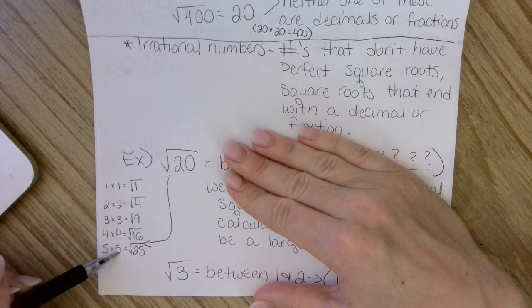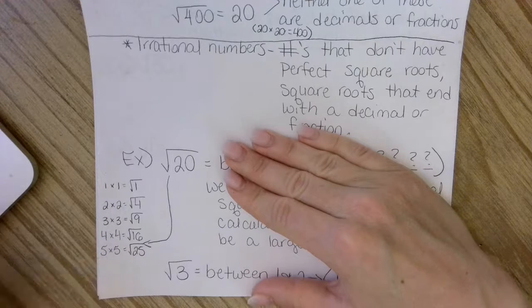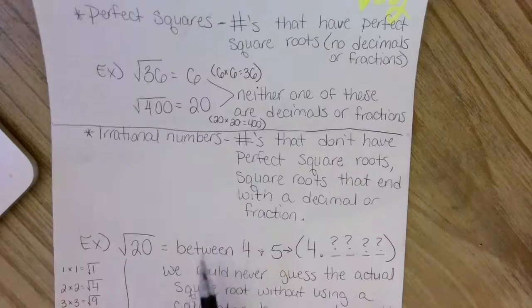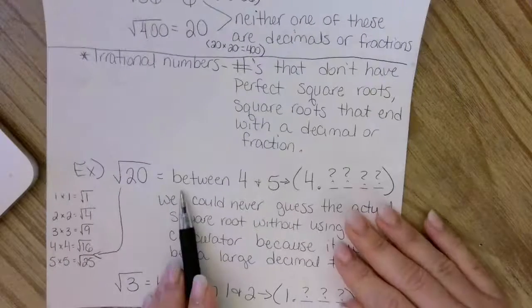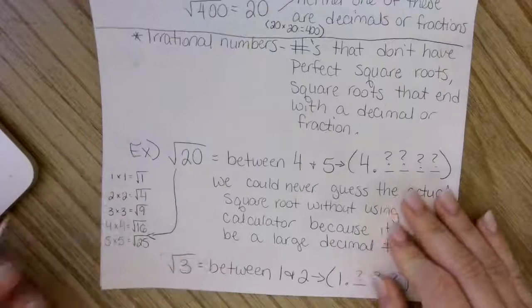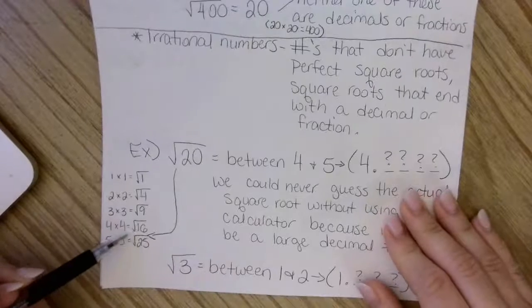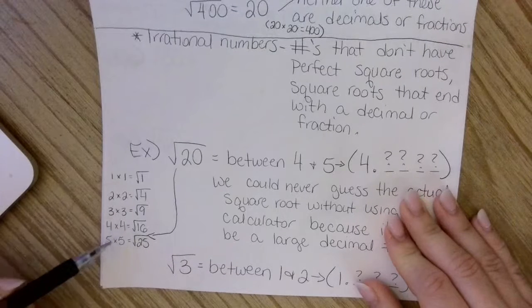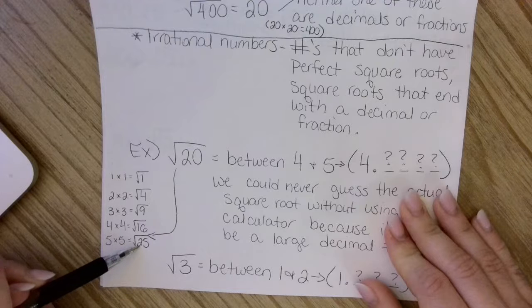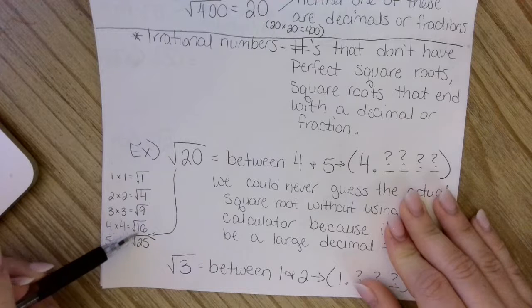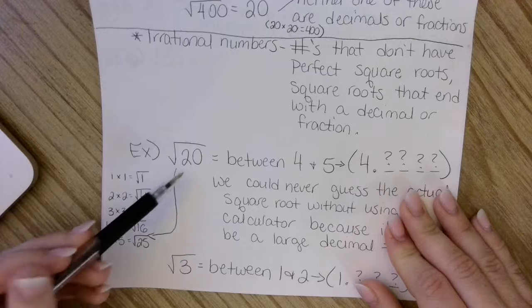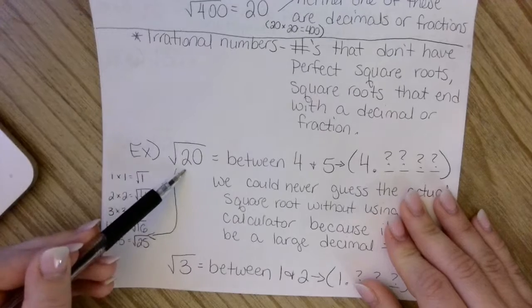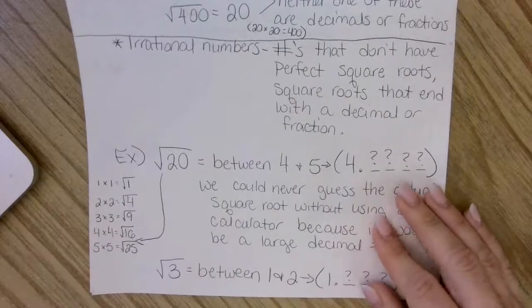And that's all I have to do. So that's how I get my answer, between 4 and 5. Because 4 times 4 is square root 16, 5 times 5 is square root 25. Those are the closest numbers that I can get to square root 20 without using a calculator.